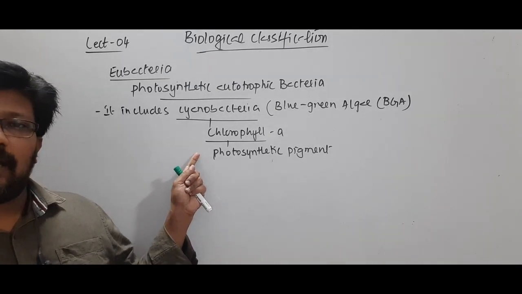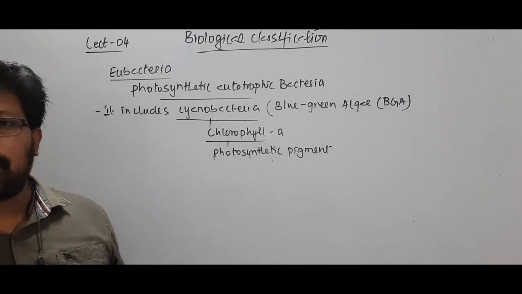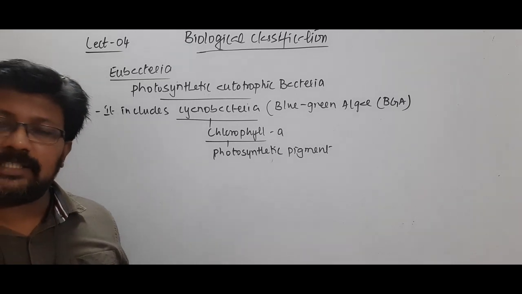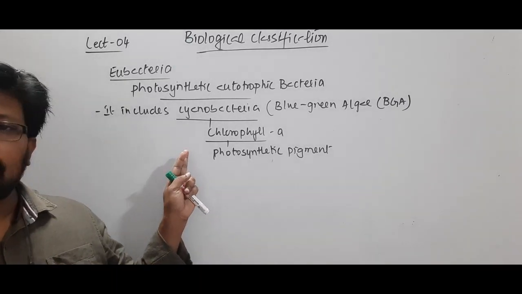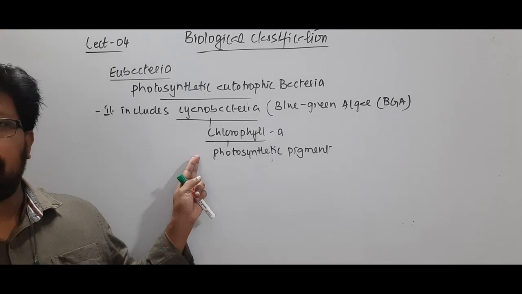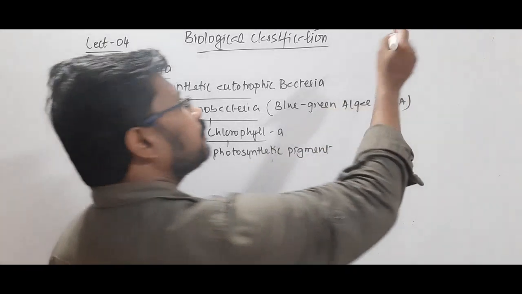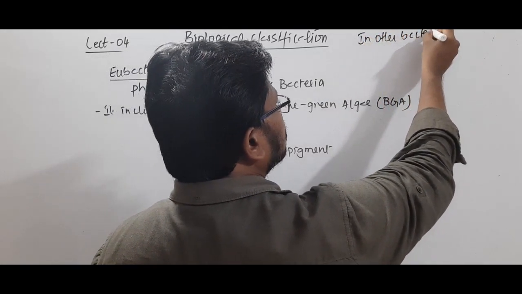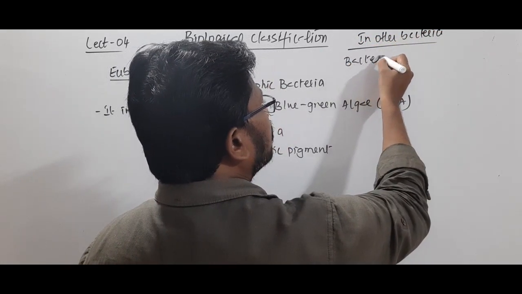Chlorophyll A is a pigment that is also present in higher groups of plants like algae, bryophytes, pteridophytes, and up to gymnosperms and angiosperms. They have this photosynthetic pigment chlorophyll A. While in other bacteria, they have bacteriochlorophyll.